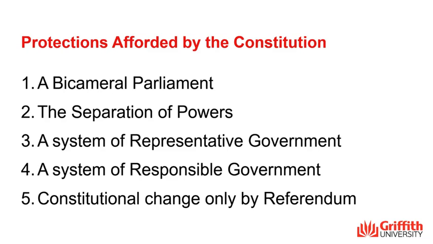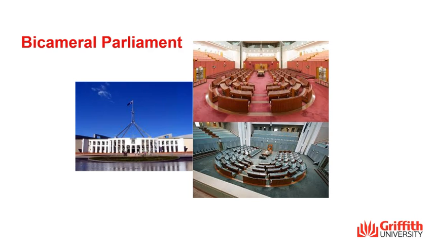A system of responsible government, meaning that the Parliament is responsible to the people who elect them, and the fact that nothing in the Constitution can be changed except by having a referendum specifically to change the Constitution, and that has a prescribed process as detailed in Chapter 8 of the Constitution.